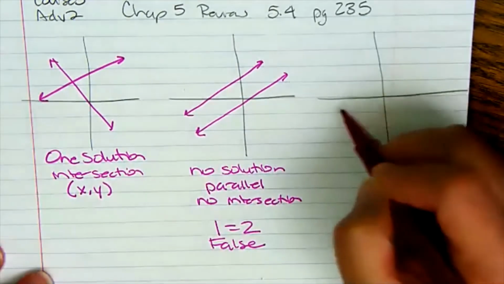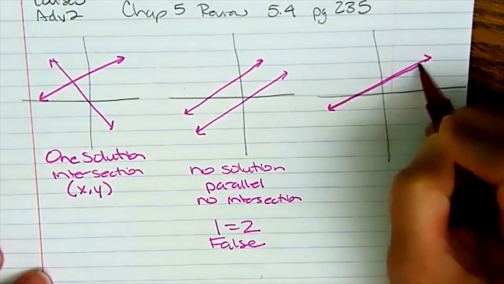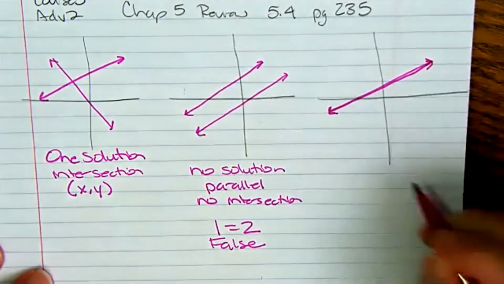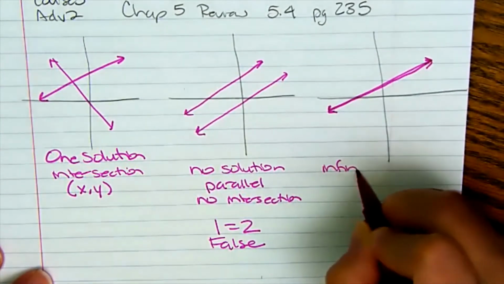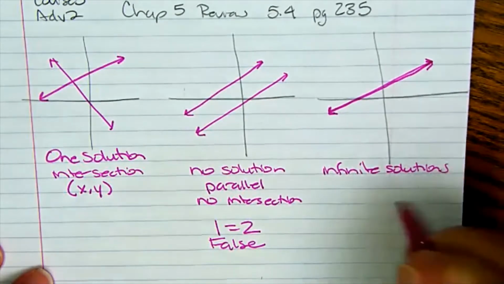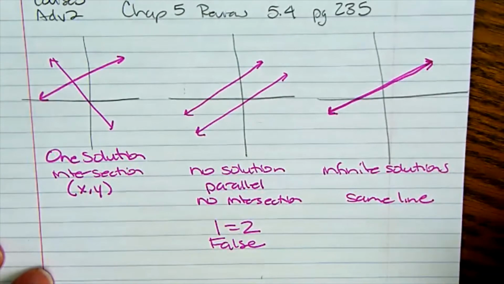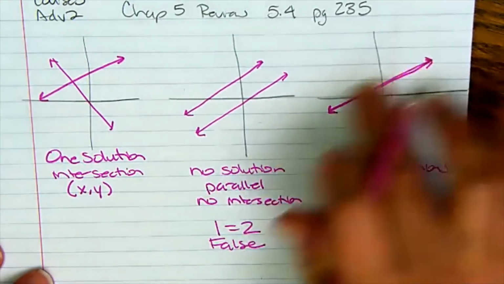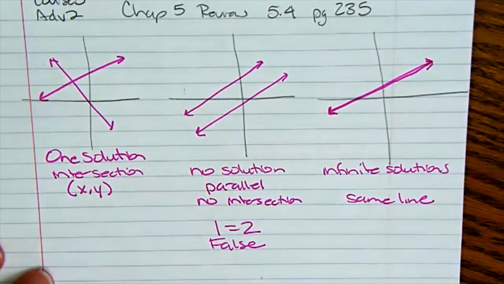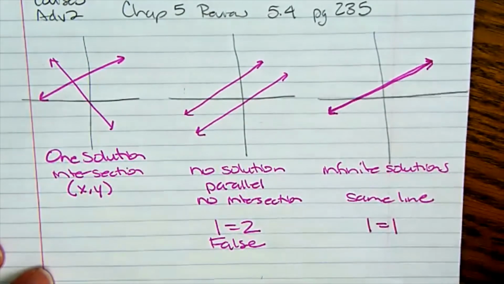Then, sometimes we have graphs that look like this. This is infinite solutions. It's the same line. Therefore, every point is an intersection. And then when you solve the equations, you'll end up with something like this.